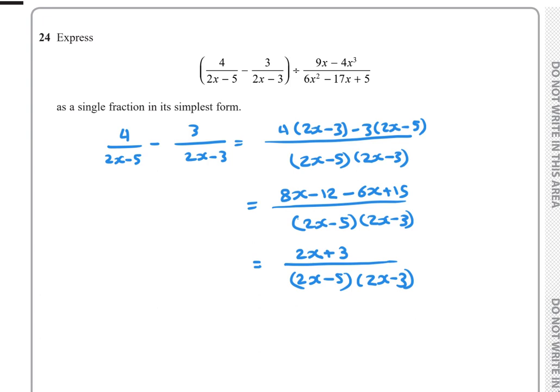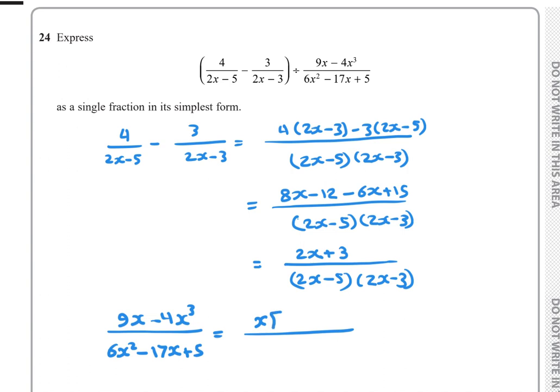So 9x minus 4x cubed over 6x squared minus 17x plus 5. Factorize. First, check for the common factor. For the numerator, we have x as a common factor.